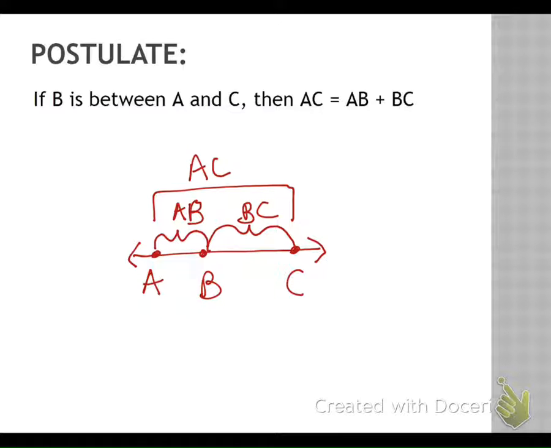With our picture, we see that our total length AC is comprised of the parts AB and BC. If we add those 2 parts together, we end up having that total length of AC.